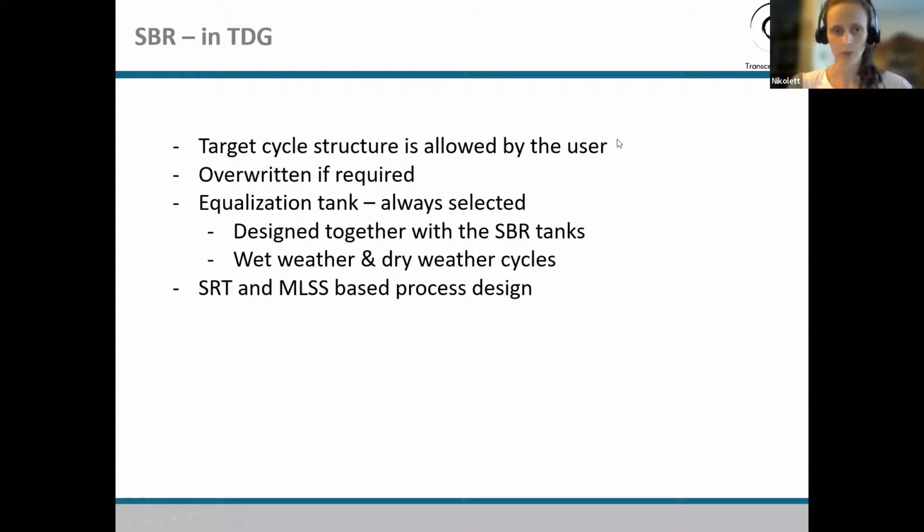It is really important to keep in mind that it will be overwritten if required. So you can play around with this, trying different combinations, but the system will always make sure that the limits are met. So you cannot really make huge mistakes, even if you enter something which is not enough for meeting the limits.